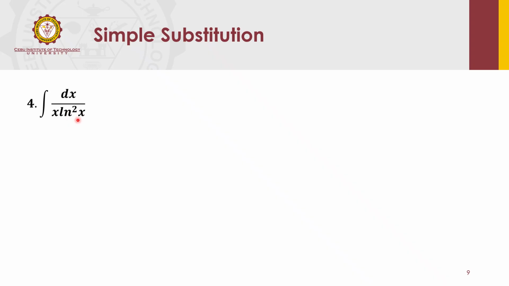So you have here another function multiplied to x, which is ln squared of x, or that's ln of x. It can also be written as, okay, so ln squared of x is equal to ln of x quantity squared, but not equal to ln of x squared. So putting grouping symbols is very important.